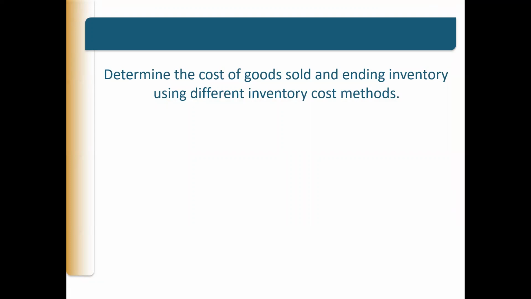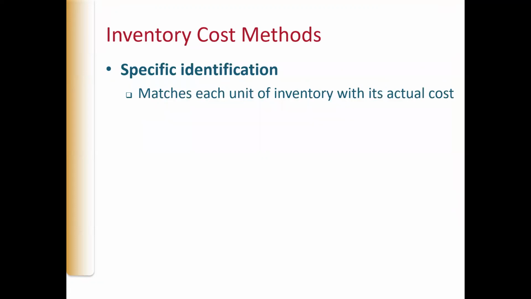The focus is on various types of inventory costing methods. Inventory is unique and diverse. There's all kinds of inventory out there, but companies are allowed to show the costing of inventory based on a couple specific methods.